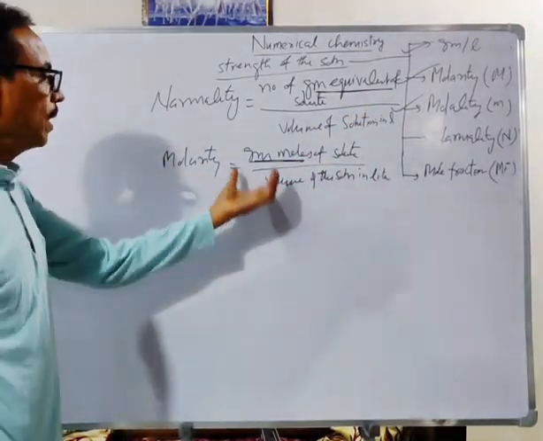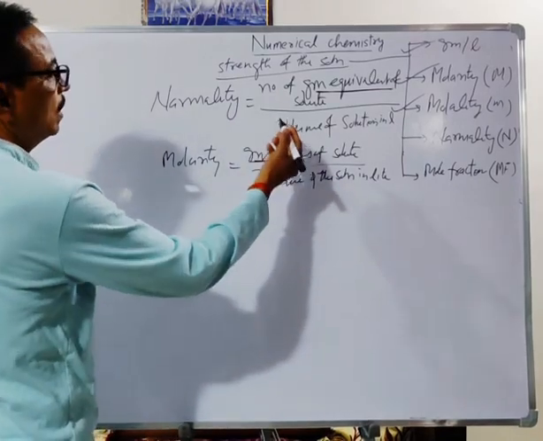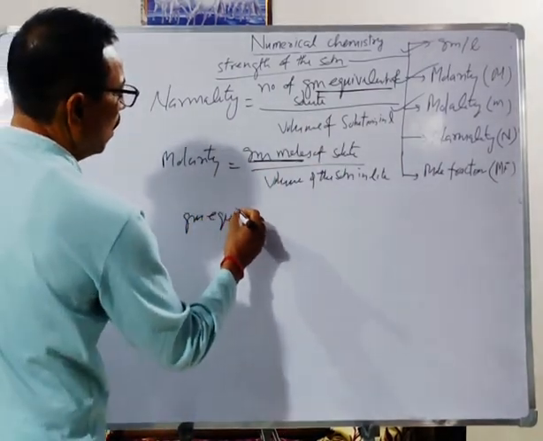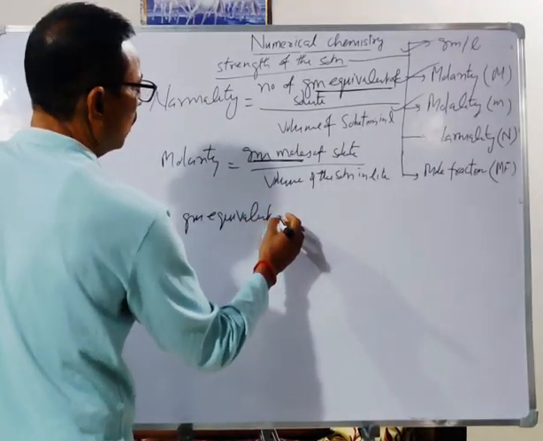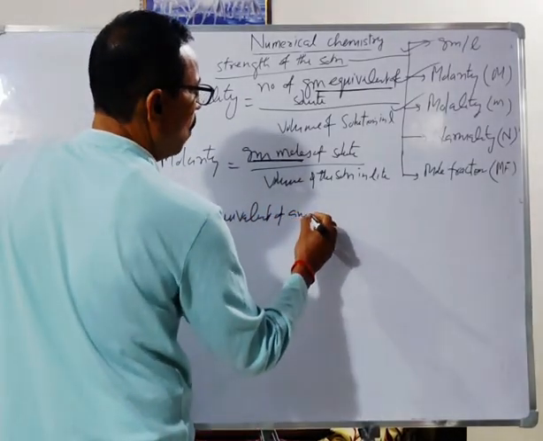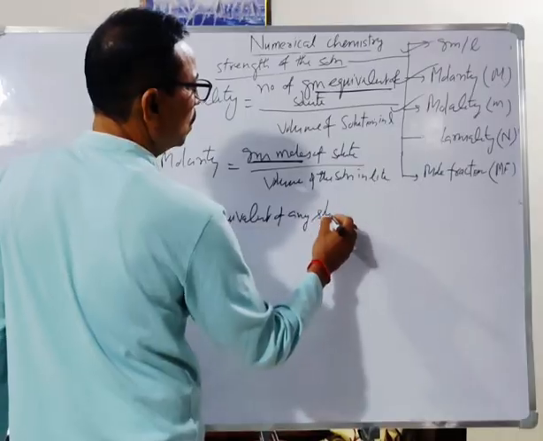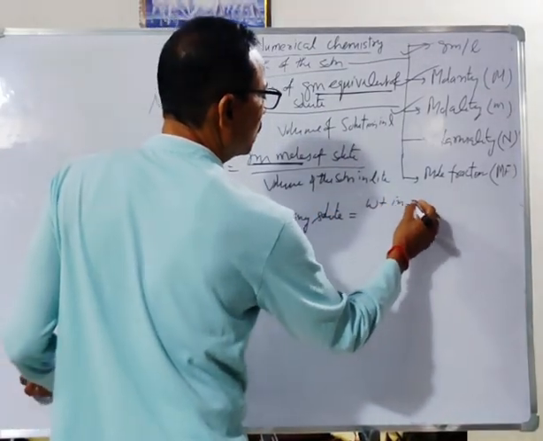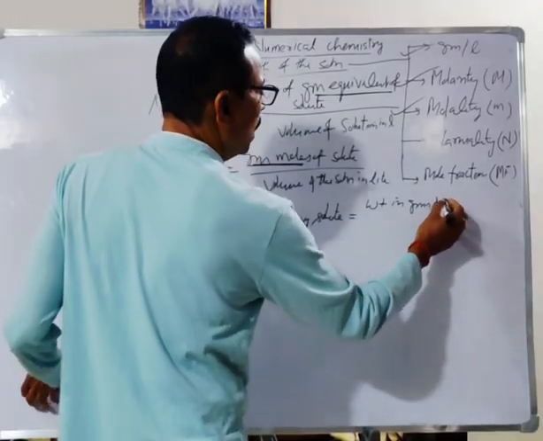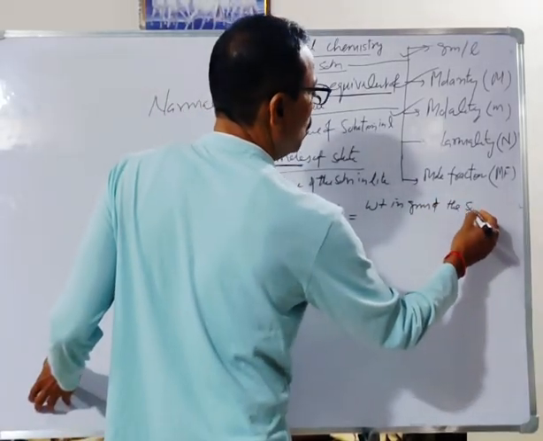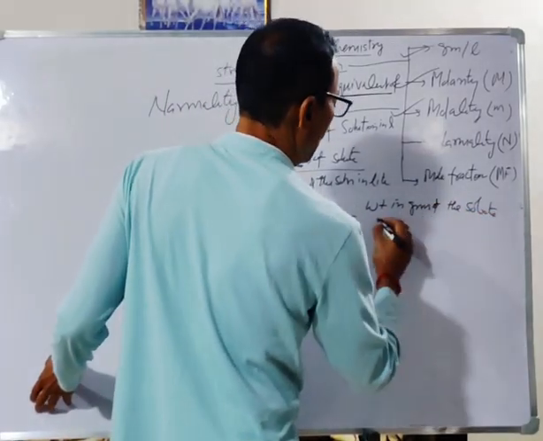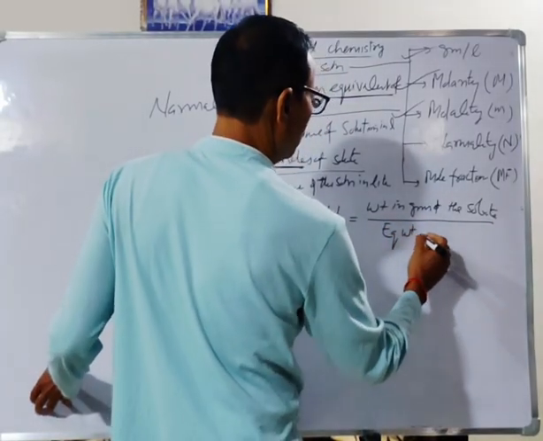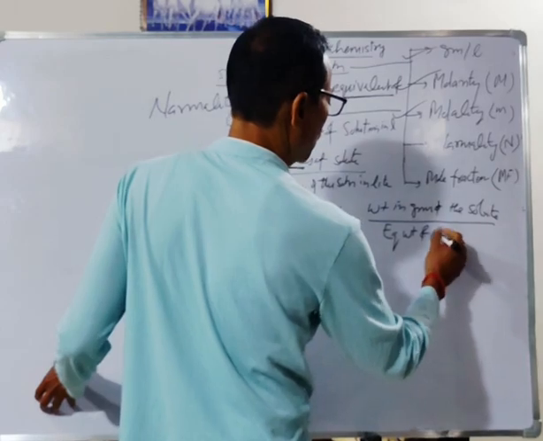So let us see what is gram equivalent. Gram equivalent of any compound, of any solute, is equal to the weight in grams of the solute divided by the equivalent weight of the solute.